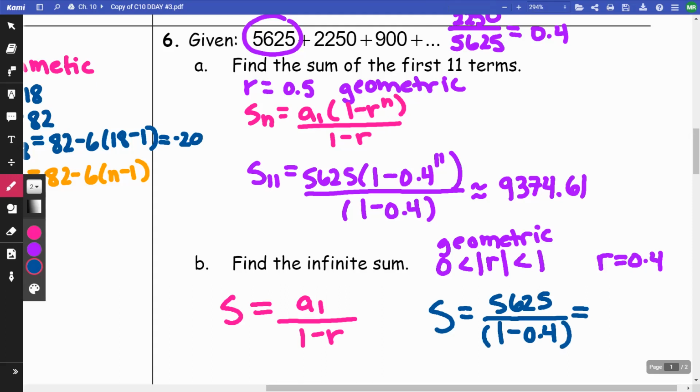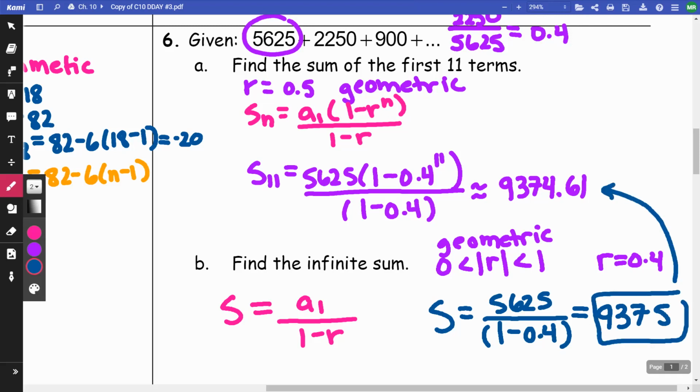And when I put that into my calculator, I ended up with 9,375, which you see is getting closer to when I raise it to 11. It's going to get closer and closer as I get bigger and bigger amounts of terms that I'm adding, to 9,375.